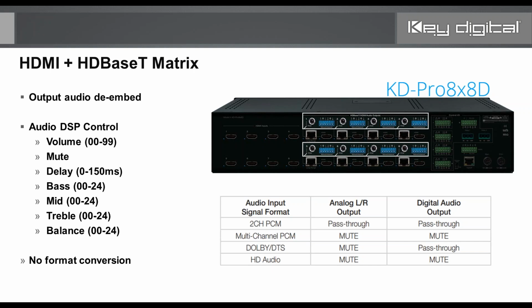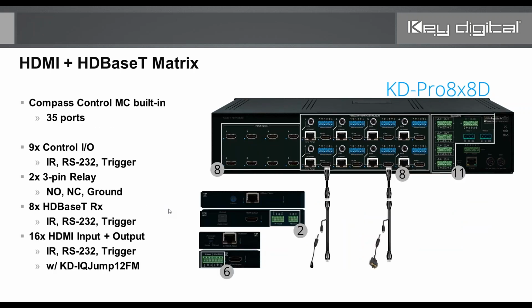So essentially the KD Pro 8x8D handles all of the preamp functionalities for your system so that you can save a lot of money by just feeding basic power amps as opposed to intelligent amplifiers with all of the DSP features built in. This really does become an all-in-one solution.